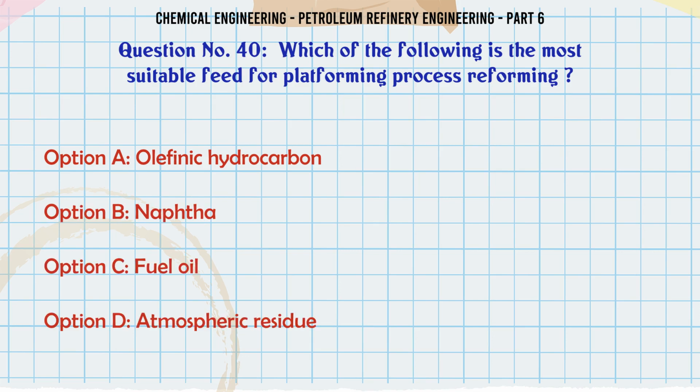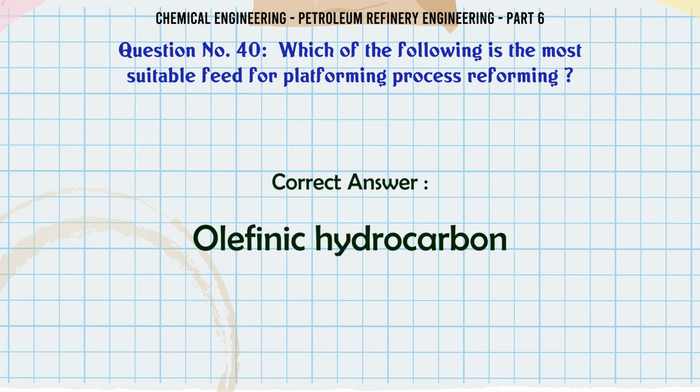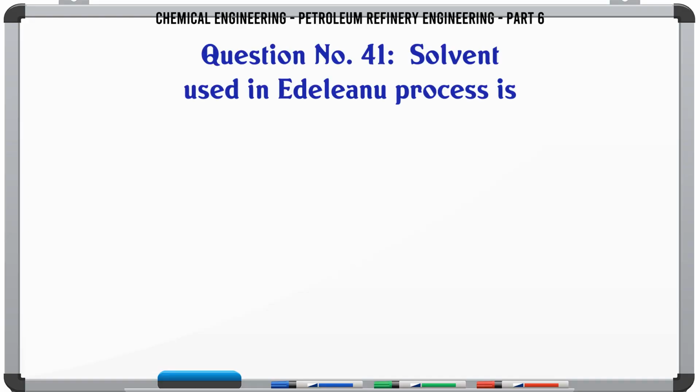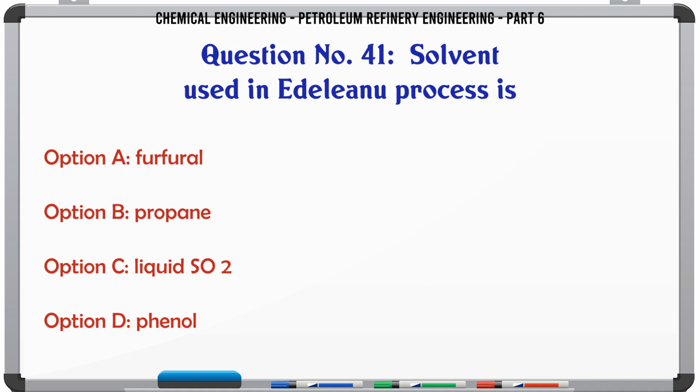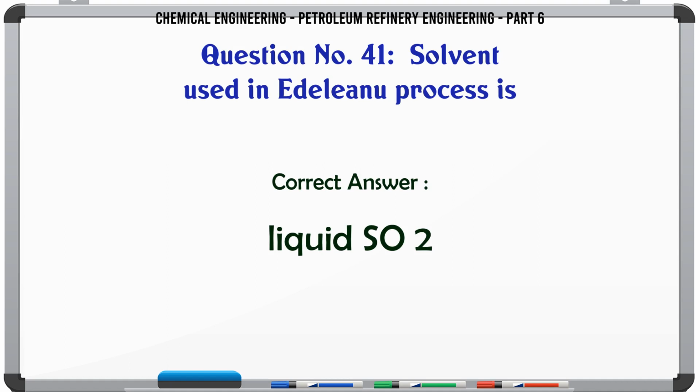A. olefinic hydrocarbon, B. naphtha, C. fuel oil, D. atmospheric residue. The correct answer is olefinic hydrocarbon. Solvent used in Edeleanu process is A. furfural, B. propane, C. liquid SO2, D. phenol. The correct answer is liquid SO2.